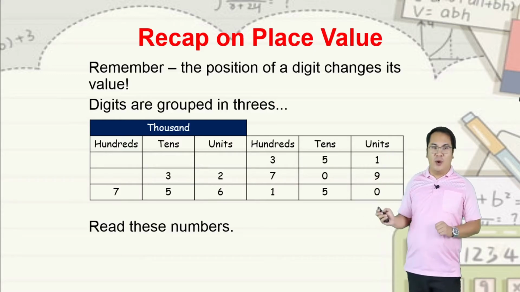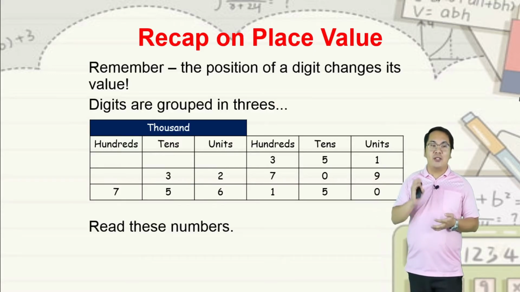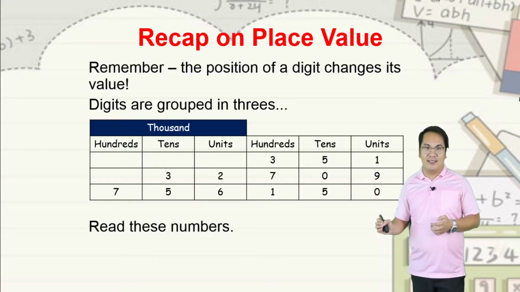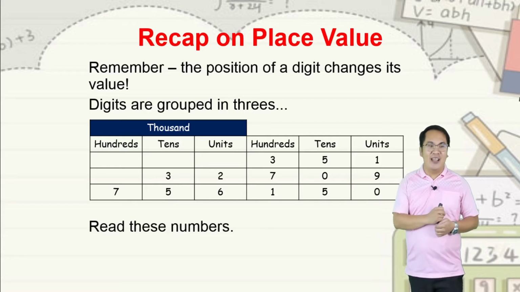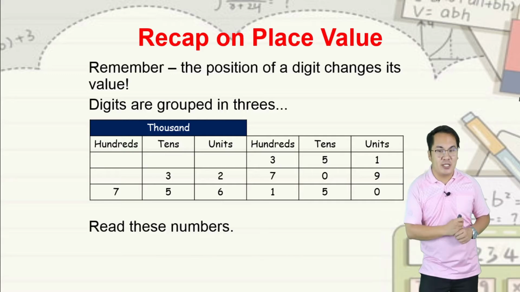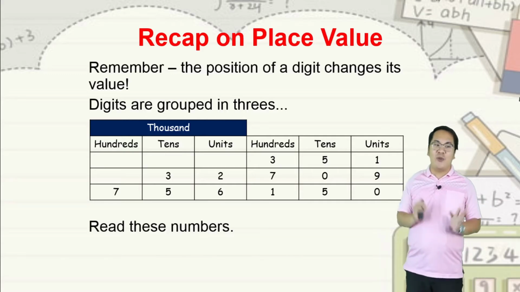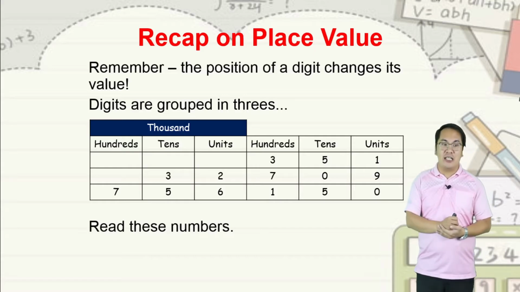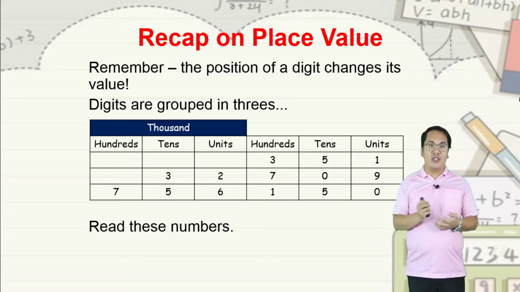How about the second one? We have 32,709. You got it right. And lastly, we have the thousands place, with the digit in the hundreds position of the thousands. We can read this as 756,150. Very good.